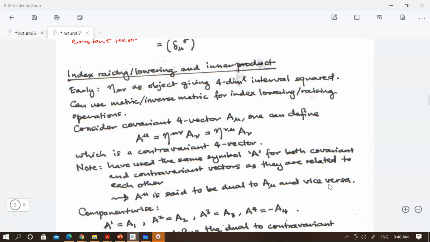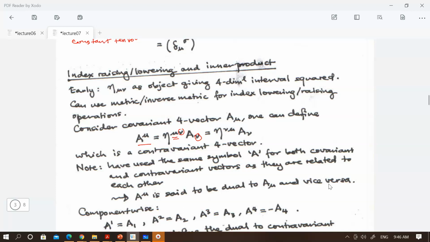You contract one of the indices, nu here, and effectively the only free index is mu at the top, and we define this as the dual vector of this vector. So if you have a covariant vector A_mu, then the dual vector will be a contravariant 4-vector, by the contraction with this inverse metric.